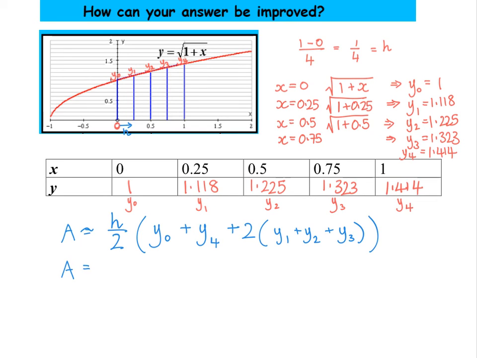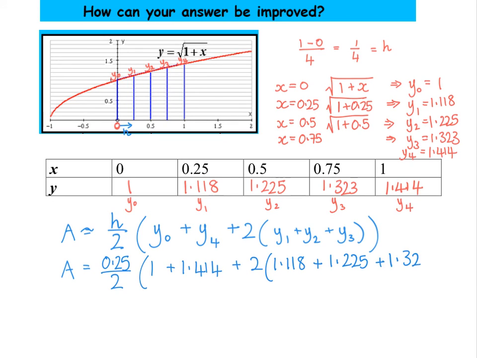So it's equal to 0.25, the width of each strip, divided by 2. Our first ordinate was 1, our last one was 1.414, and then twice the middles: y1 was 1.118, y2 1.225, and y3 1.323.